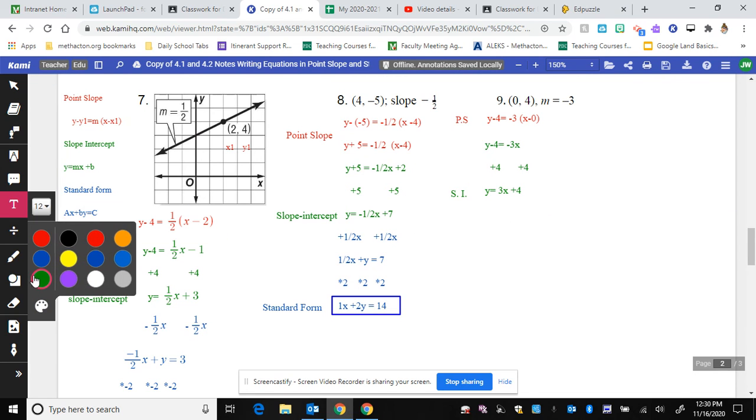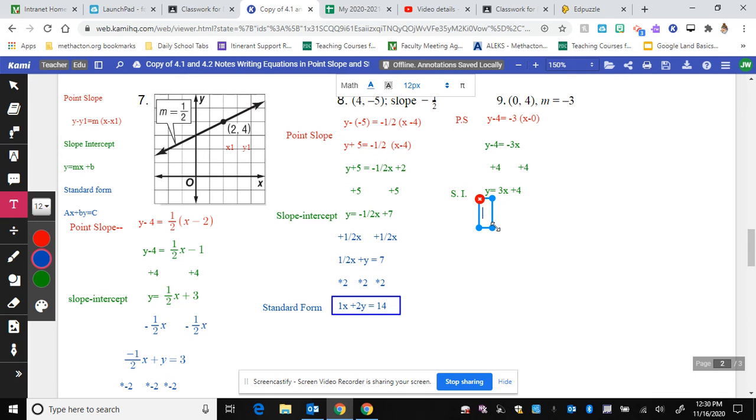Now we need to go into standard form. So we're taking it that one step farther, which means in order to get x and y on the same side, I want to add my 3x and move it over with my y. When I do that, I have a 3x now, plus y equals 4. So again, I'm set up right. I have my x and my y on the right sides, but one of those pesky rules for standard form means that you can't have x be negative.